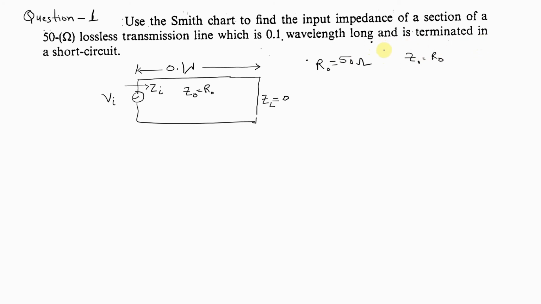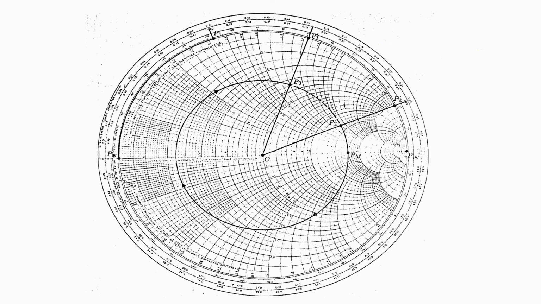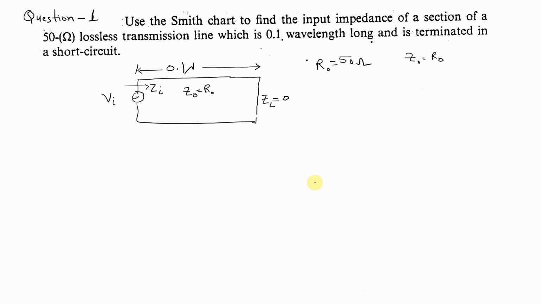Now you have to find the input impedance. You know this extreme left is the short circuit point, so mark that point here, and the extreme right is the open circuit point. Here we have the load impedance.